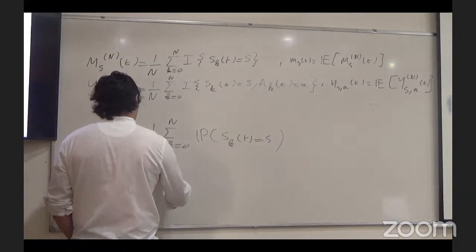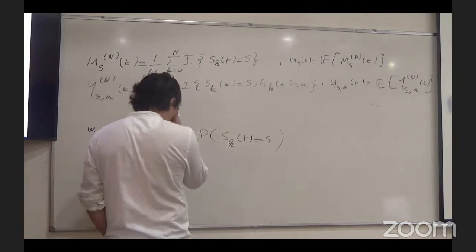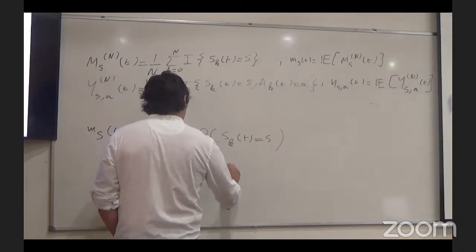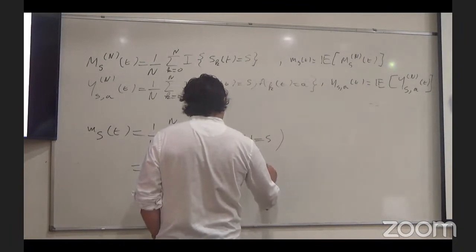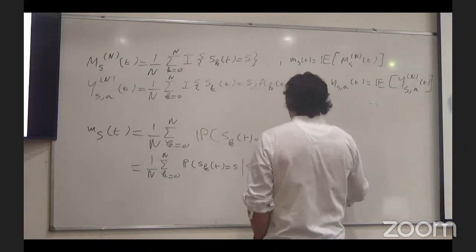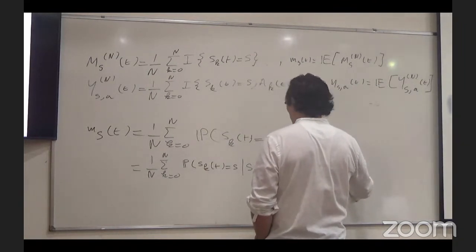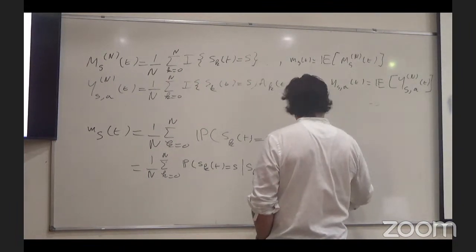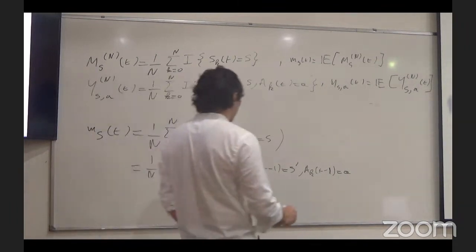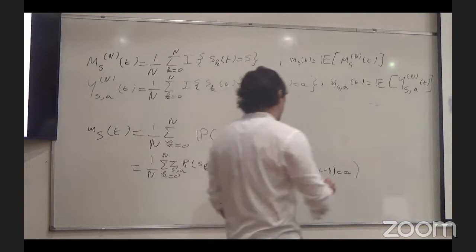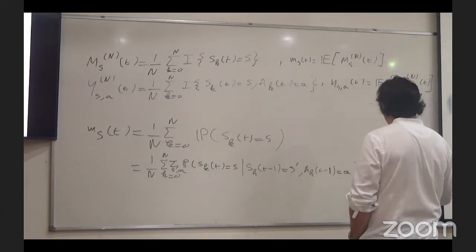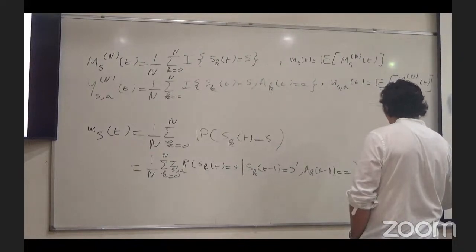And this is nothing more than, by using the Markov property and the total probability rule, the probability of sk of t is equal to s, knowing sk of t minus 1 is equal to s prime and ak of t minus 1 is equal to a, if I'm taking a summation over s prime and a here, multiplied by the probability of sk of t minus 1 equal s prime and ak of t minus 1 equal a. Okay.